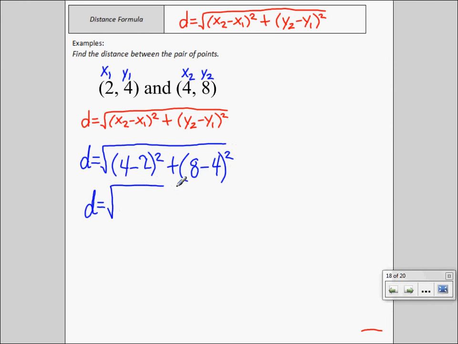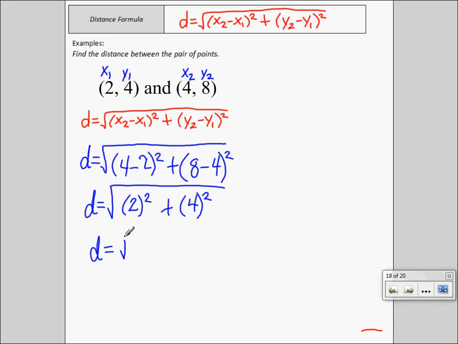So to go through and simplify, d equals the square root. 4 minus 2 is just 2, don't forget our square, plus 8 minus 4 is 4 squared.